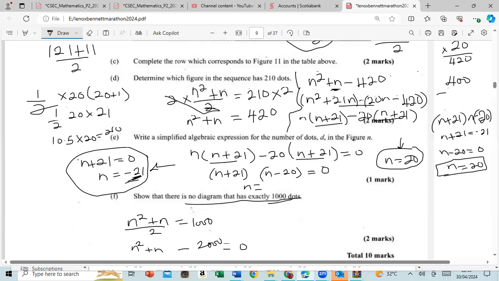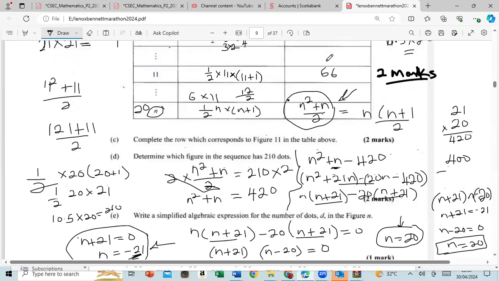Sir, would it be the case that when you factor it, you would get decimal numbers or negatives? But let me try to work it out. I think it's two consecutive numbers, because there's no number where you can get exactly 1,000.